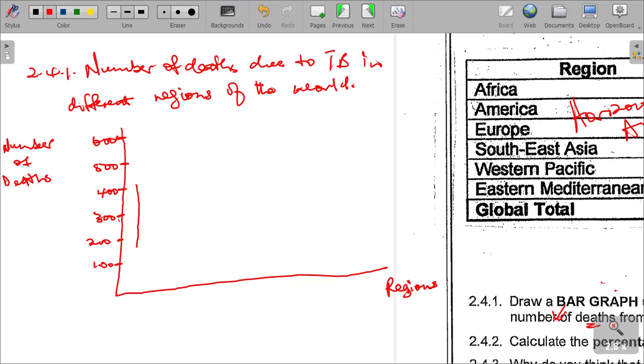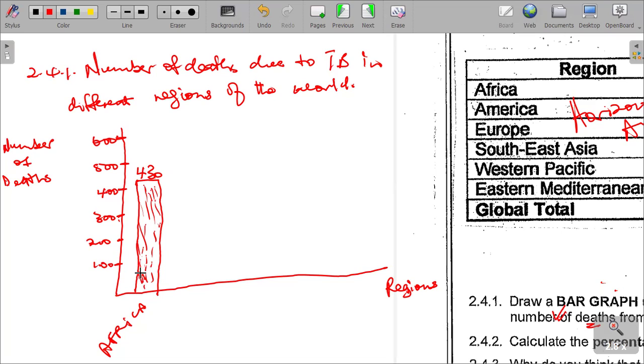And don't forget to label the reading that each bar is representing, for convenience. So this is Africa, which is 430.